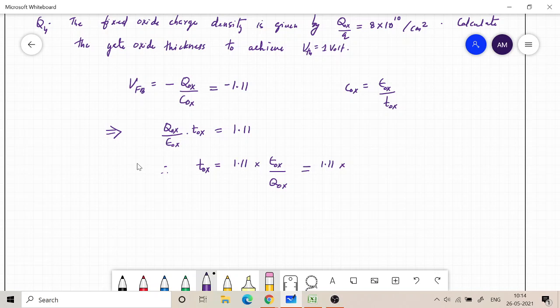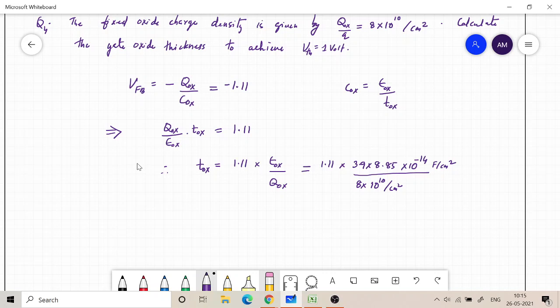Epsilon OX was basically 3.9 into 8.85 into 10 raised to minus 14 farad per centimeter, and QOX is basically 8 into 10 raised to 10 per centimeter square.